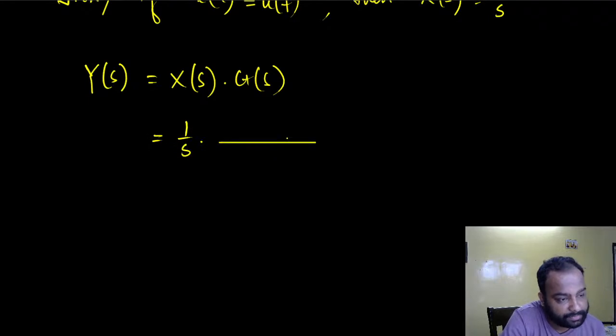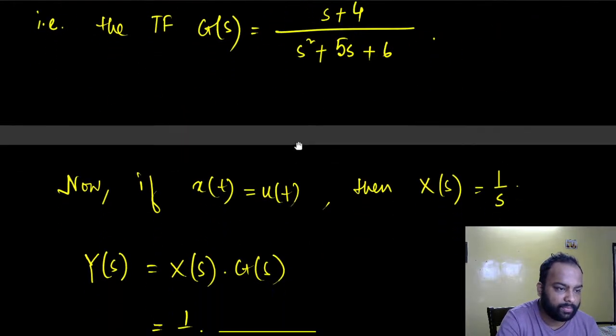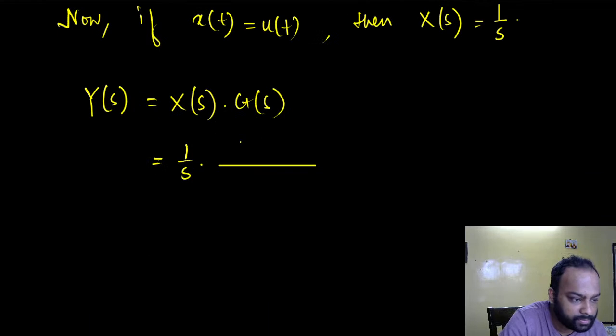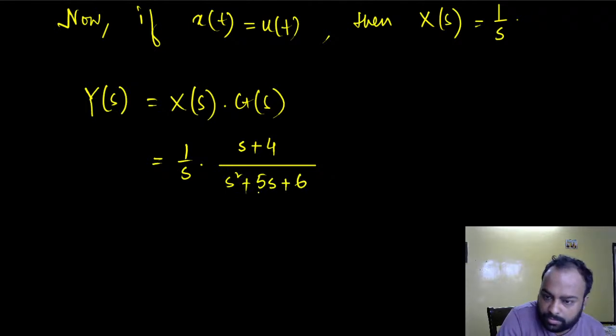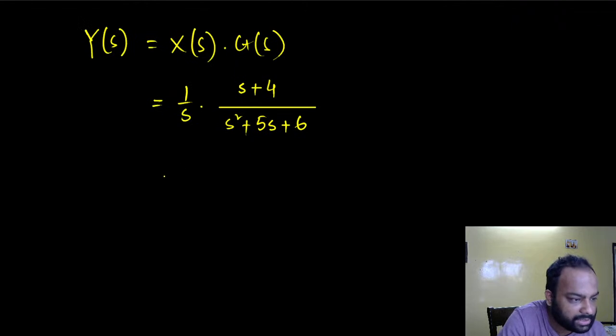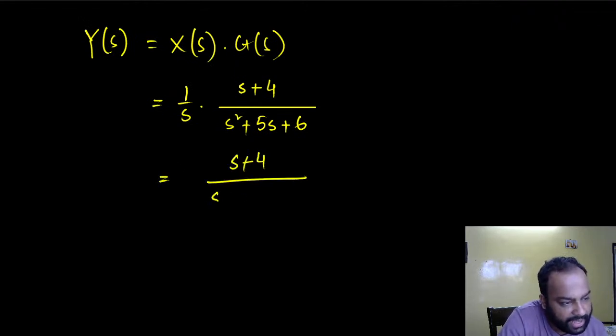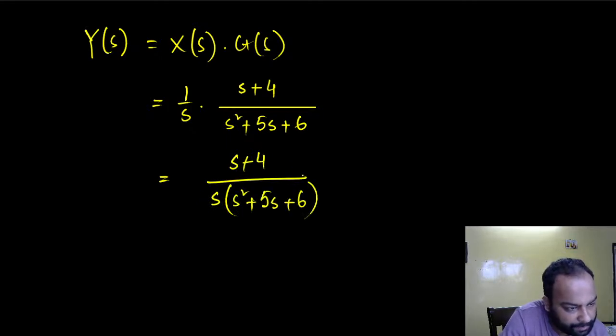What is G(s)? Okay, again, if you have any query, feel free to ask. That's going to be s plus 4 divided by s into (s squared plus 5s plus 6).